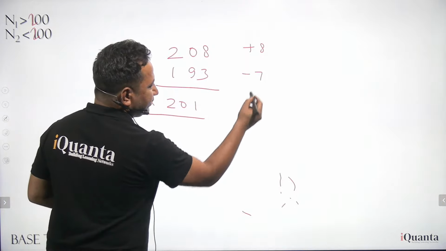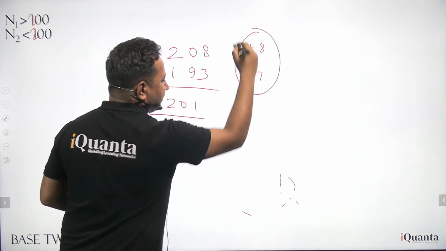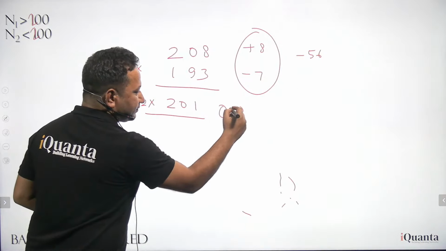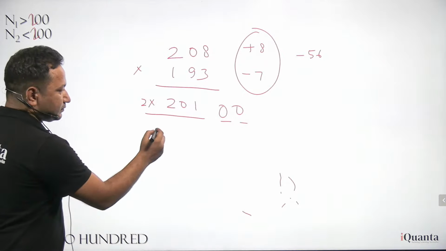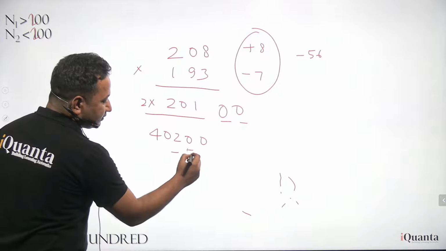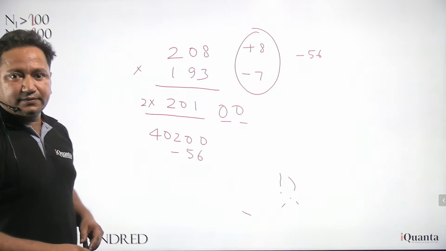And this one will be minus 56. That is minus 56. We have 2 zeros over here. So we'll get 40200 minus 56.